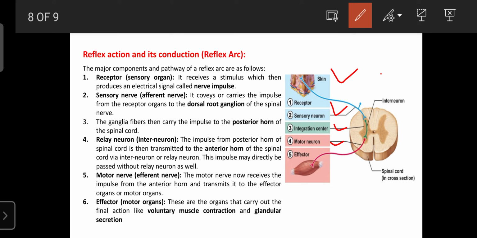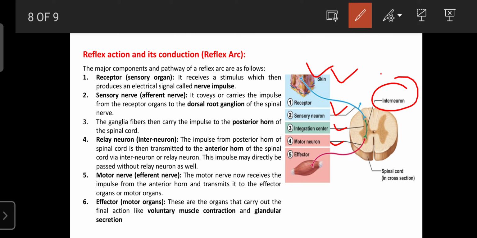The second component of the reflex arc is the sensory neuron. It carries the message in the form of impulses from the sensory organ towards the integrating place, towards the interneuron or the parts of the brain where the answer to this problem is produced.